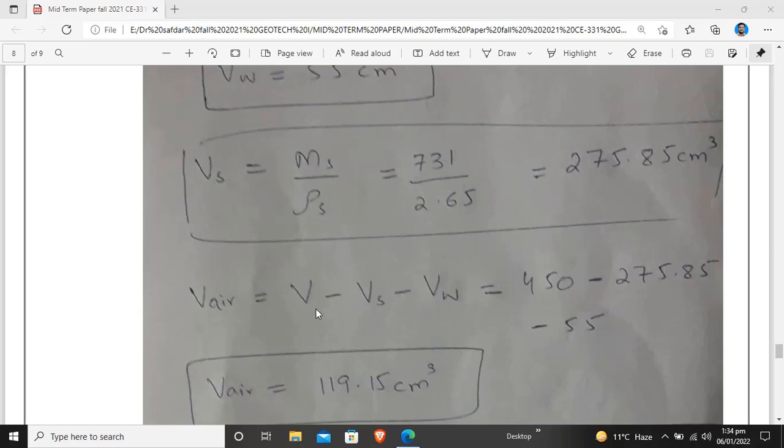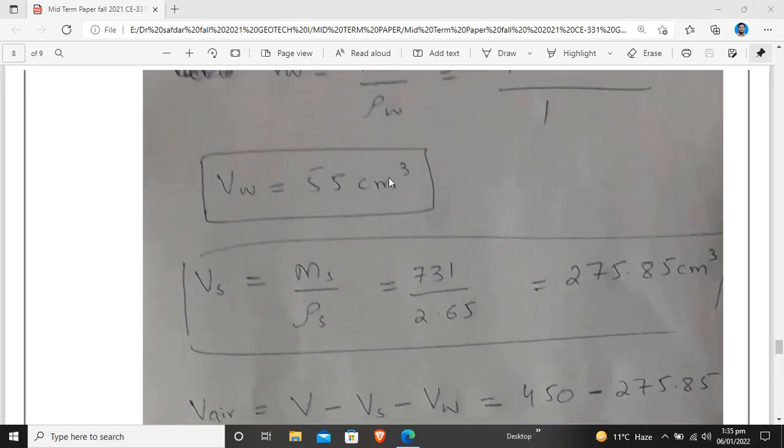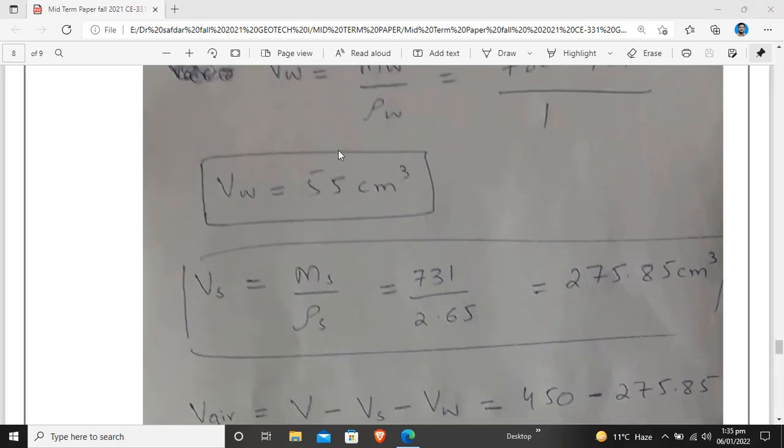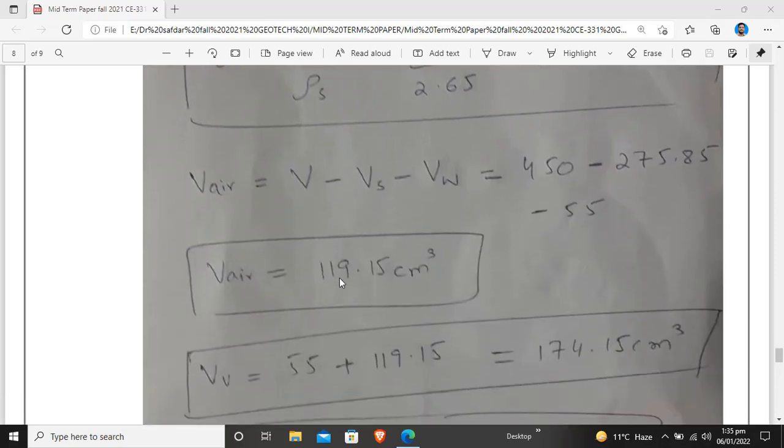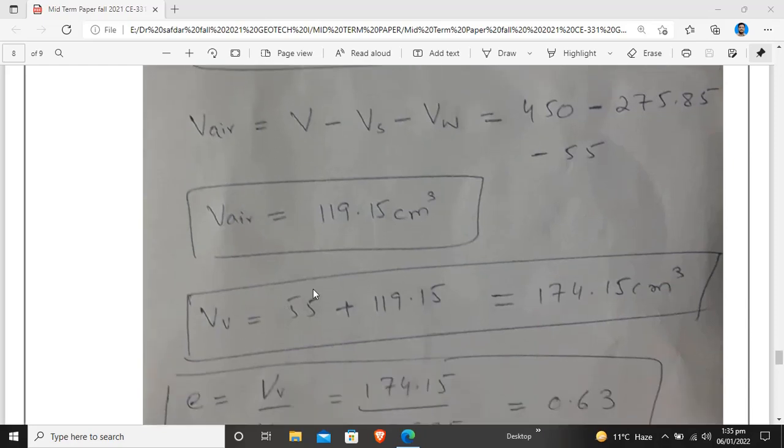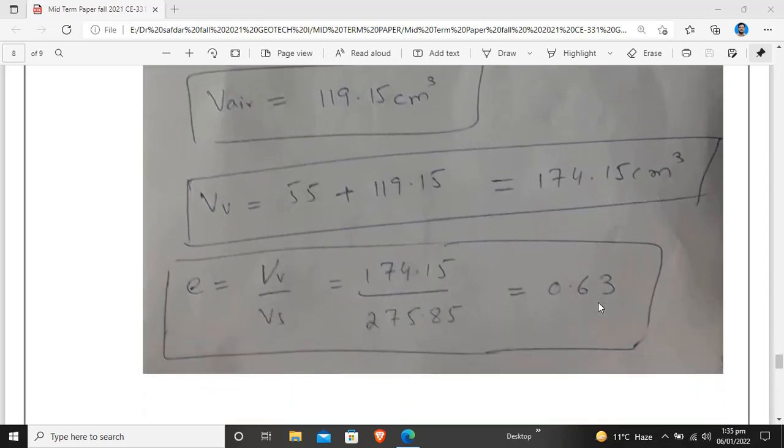So the total volume was 450, minus the volume of solids we found, 275.85, minus the volume of water we found in the beginning, 55 centimeter cube. So the volume of air is 119.15 centimeter cube, and the volume of void, that is volume of water plus volume of air, is 174.15 centimeter cube.